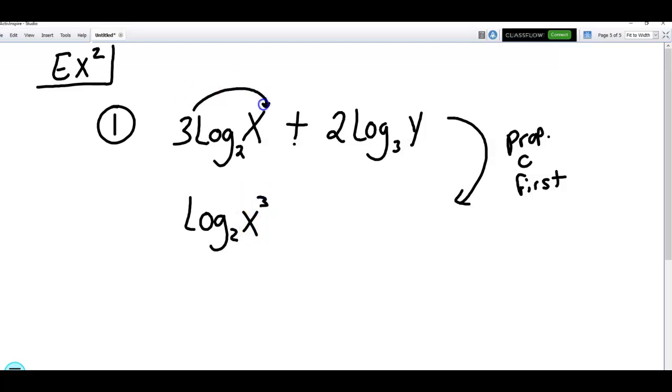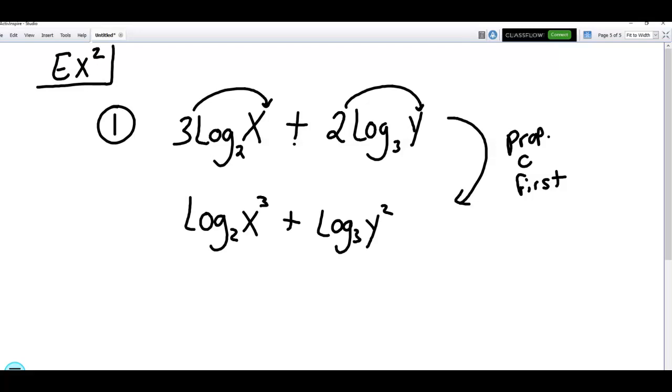Same thing over here. This is going to be log base 3 of y to the second power. That's property C. So the first thing you do is take the number in front of the log and make it become a power. Okay? Property C first.